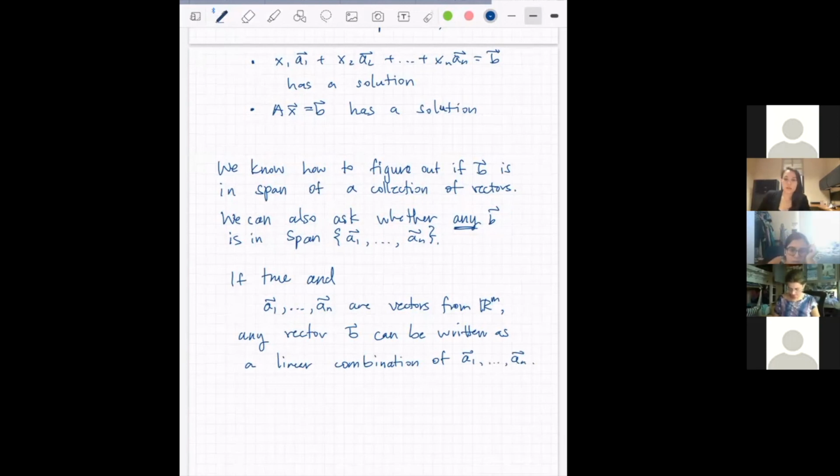And then that also means that these vectors A1 up to AN span all of Rm, right?